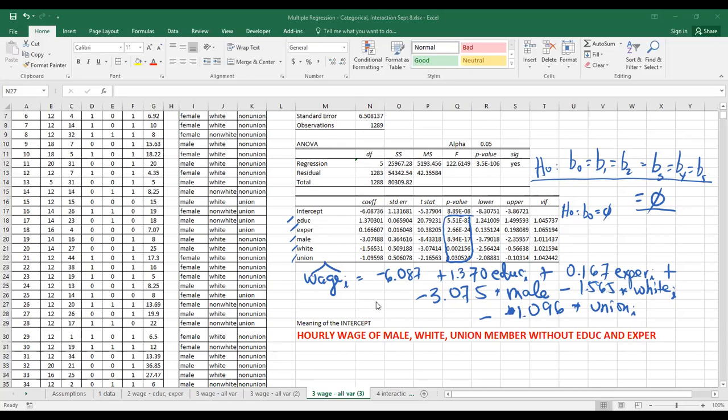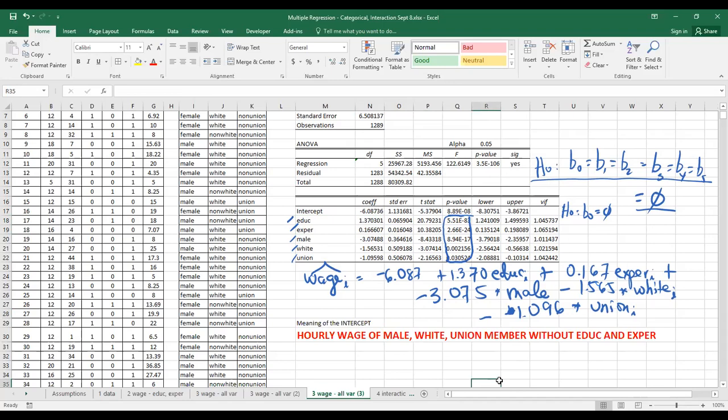Okay. So sige, tingnan natin. Tingnan nyo guys kung tama yung interpretation ko. Okay, so what's the meaning of negative 6.08? Okay, sabi natin, madali itong continuous variable natin. 0 education, 0 experience.